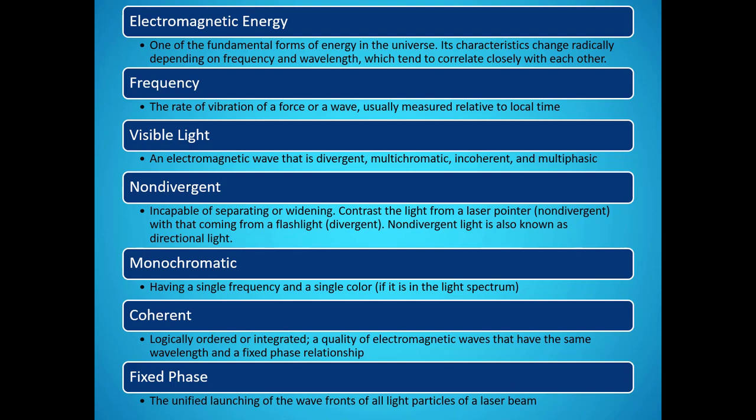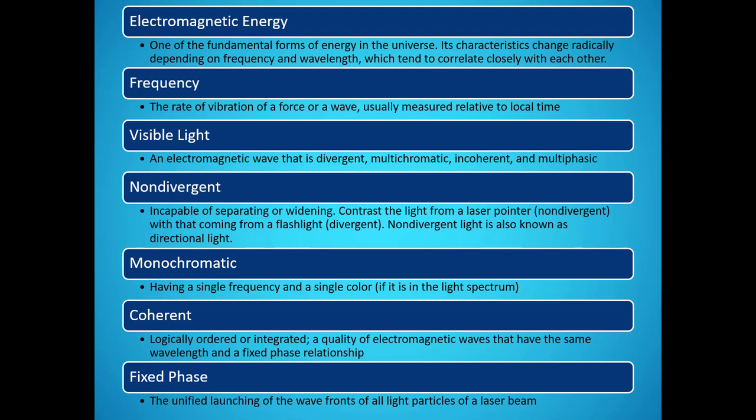Frequency is the rate of vibration of a force or a wave, usually measured relative to local time. Visible light, an electromagnetic wave that is divergent, multichromatic, incoherent, and multiphasic, is visible to the naked eye. Something that is non-divergent is incapable of separating or widening.